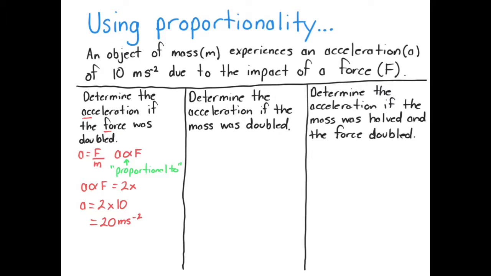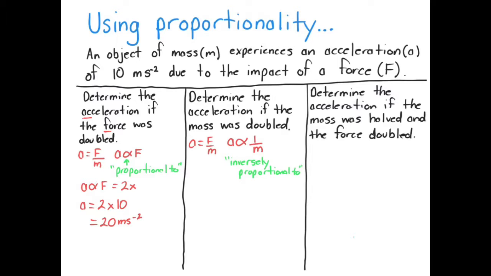Let's look at the second case now. Determine the acceleration if the mass was doubled. I'll just rewrite out Newton's second law. And we can see now that the acceleration is proportional to 1 on the mass, because the mass is on the bottom. So that's another way of saying inversely proportional to.